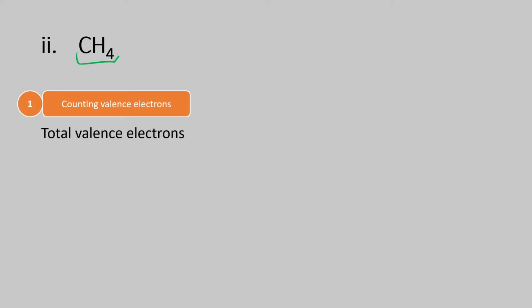Look at the second example, methane. Methane is the smelly gas when you fart. Okay, your fart gas. So let's count the valence electrons. Carbon is which group?